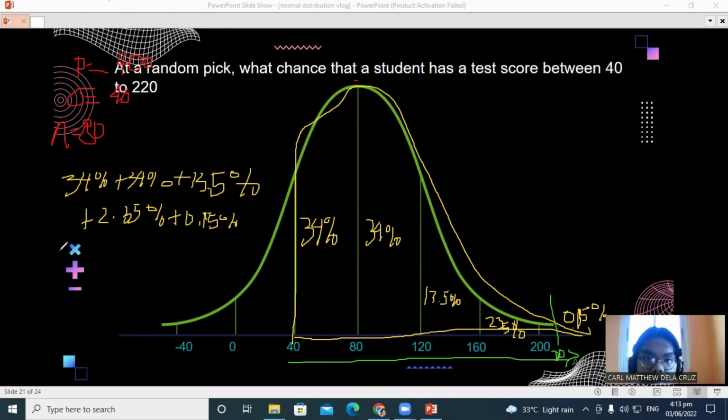So 84%, or 0.84. So that is the chance. Since they are not asking for a whole number, we just need to get the chance. So 84% chance. Okay.